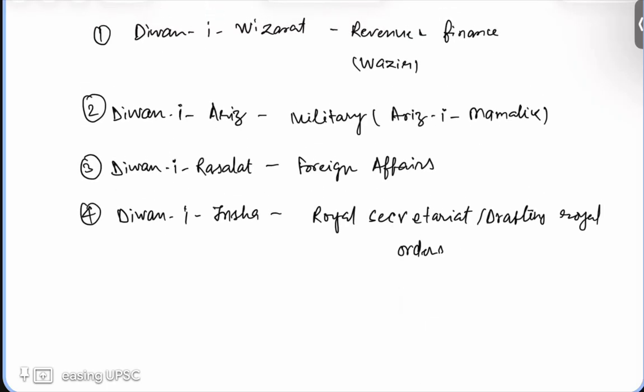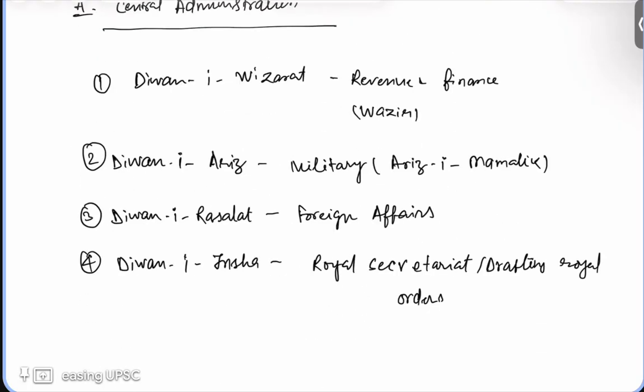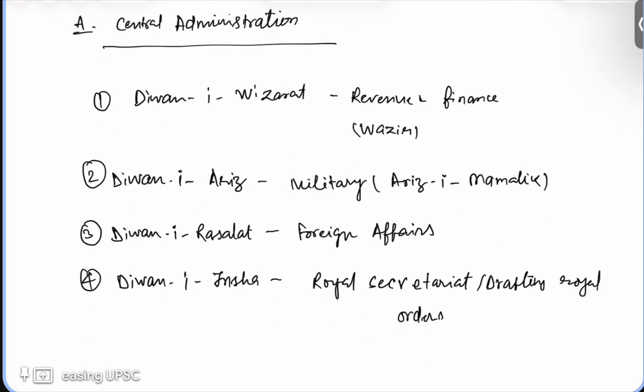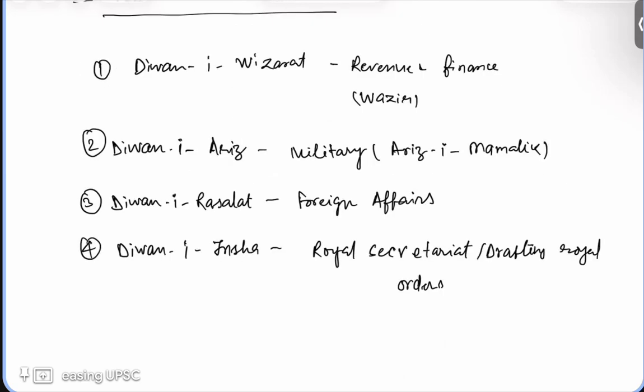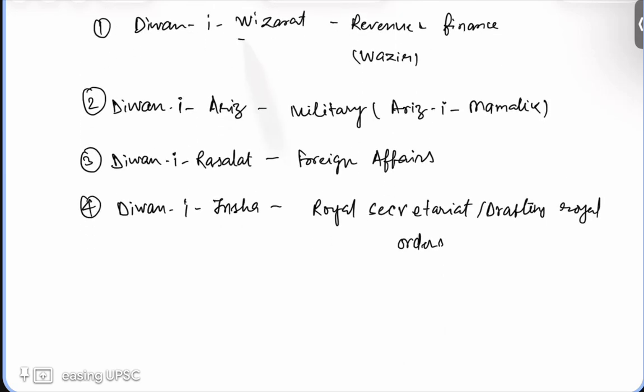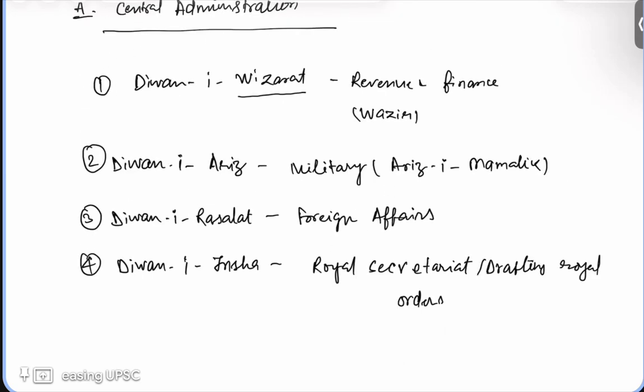So this is all about central administration. These are the four key terms you need to remember: Wizarat, Ariz, Rasalat, Insha.